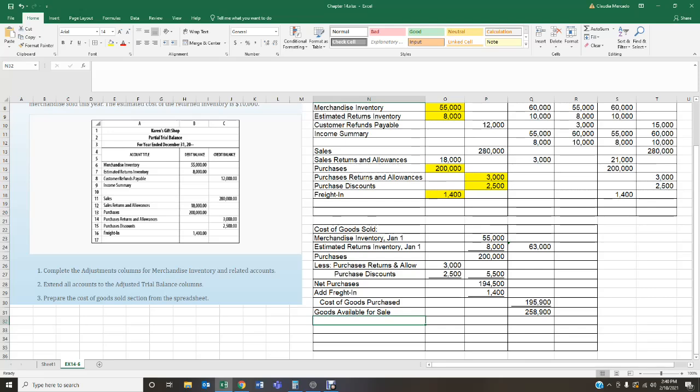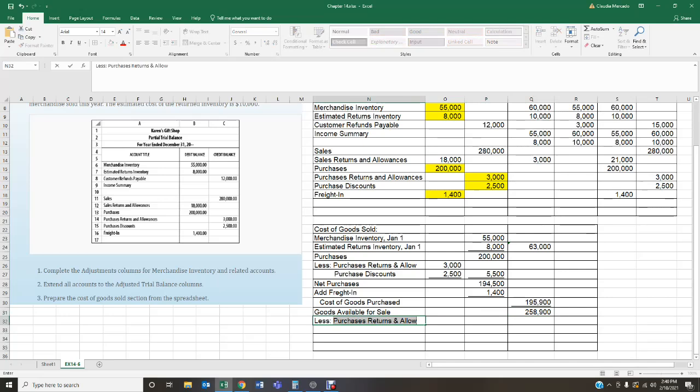Remember, it's your beginning inventory plus whatever we estimate we're going to get back in returns. That's $63,000, plus your cost of goods purchased, which is your purchases less your returns and allowances less your discount plus your freight. Okay, so that gave us $258,900.